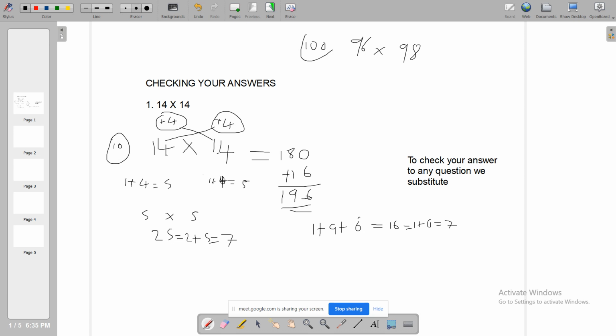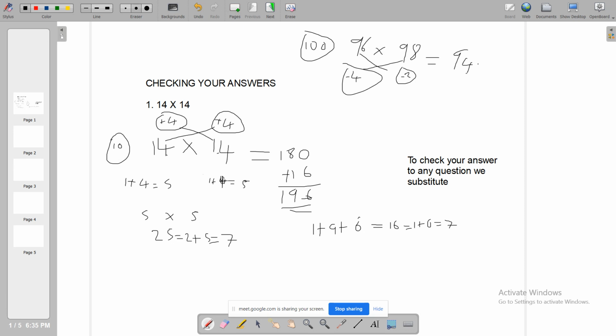Here I know that this one is less than 100, so I'm getting 4 here and 2 here, minus. Circle them. When you subtract 2 from here, I get 9,400.